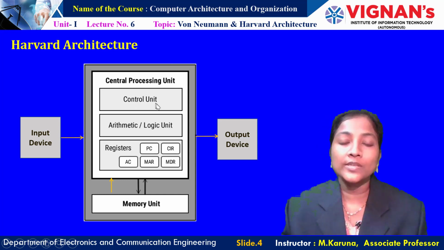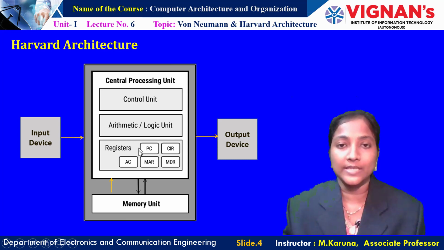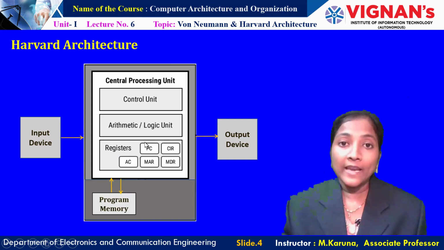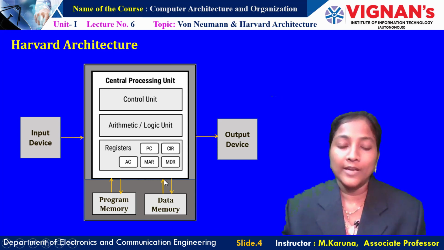The control unit issues the control signals to coordinate all the functional units, and registers are used to store the data before performing any operation, to access the data quickly. In this case, there are two memories. One memory is used to store the program, and another memory space is used to store the data.